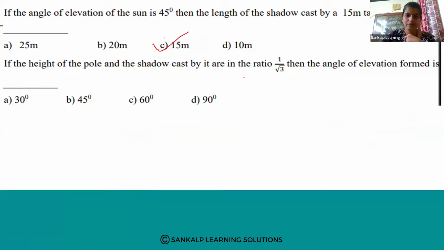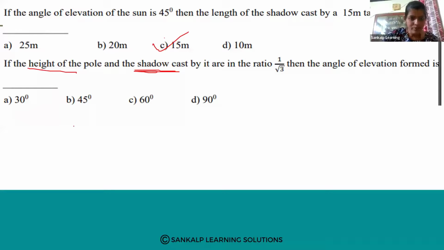Okay. They have given the ratio, of height of the pole and length of the shadow. So observe carefully. If the height of the pole and the shadow cast by it are in the ratio, that means they have given the ratio of height of the pole and length of the shadow. Yes or no?